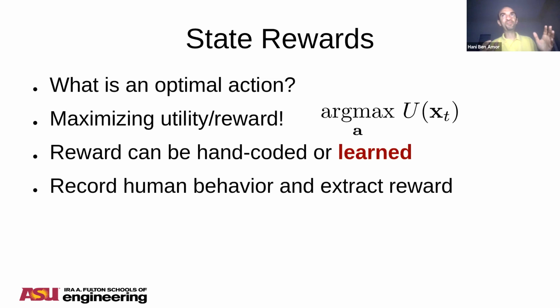Now, the problem is, imagine someone asks you, let me ask you this question immediately. Can you write down a utility function, a reward function, that tells me how a spider walks?